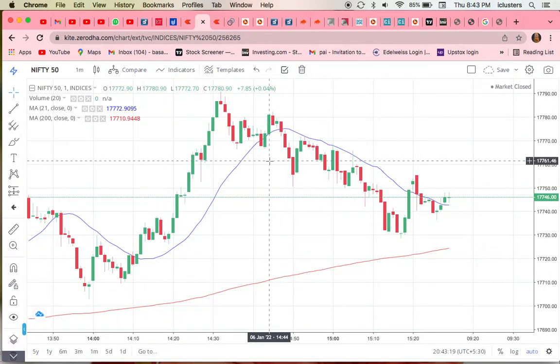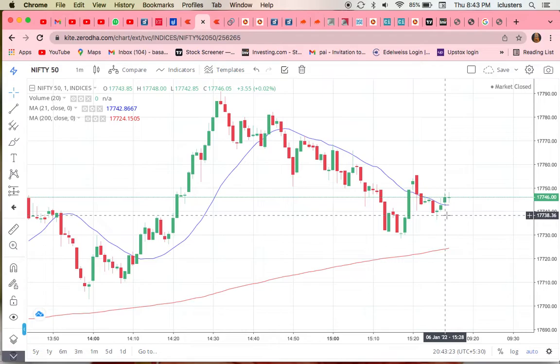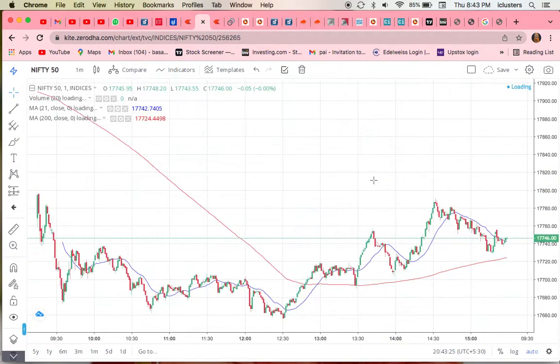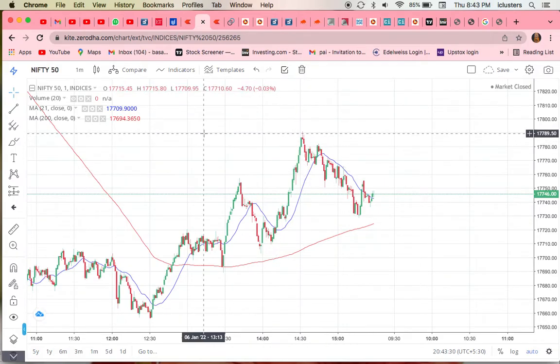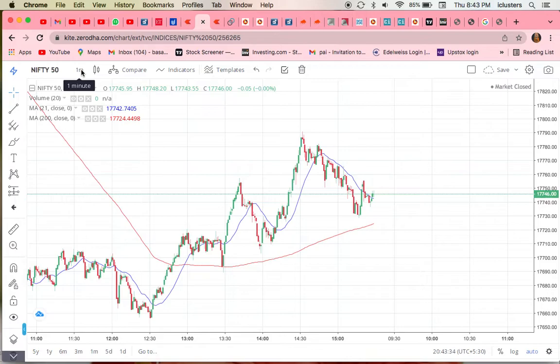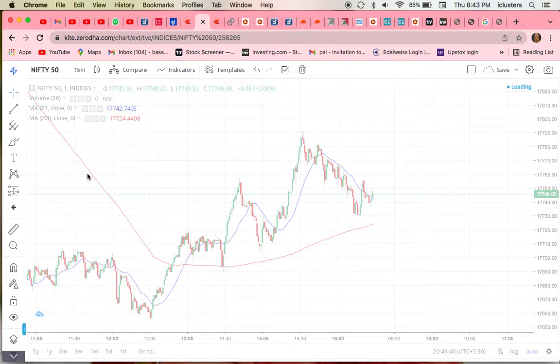Then only you will find the exact level of the price movement, like even 1 point you will catch. Such accuracy, a perfect entry, will be made in the 1 minute chart. For entry and exit you need to see the 1 minute. For analyzing you need to use 15 minutes.